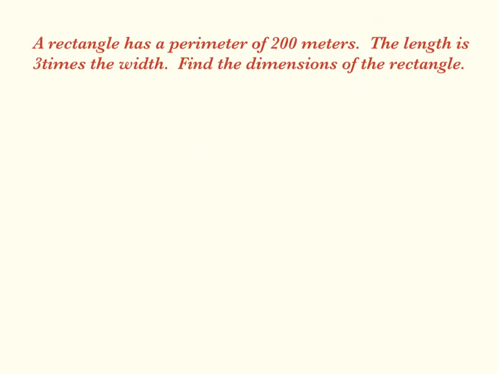Okay? So width sounds like a good starting place. If I start with that, that'll be my variable. Find the dimensions of the rectangle. So I'll need to find the length and the width. That's what dimensions is. So let's start with relate. Use our words. Okay, how are we going to find the perimeter?